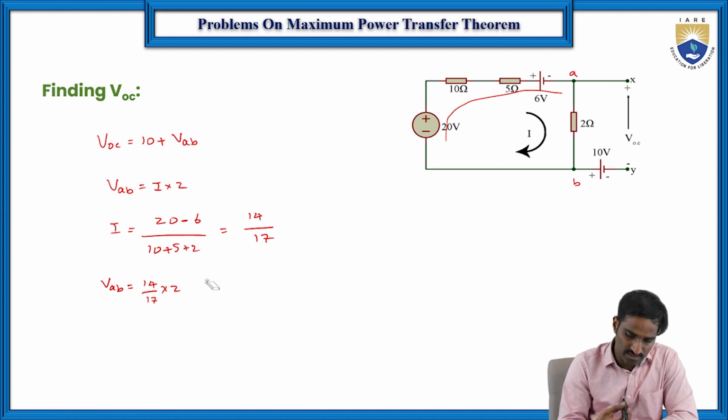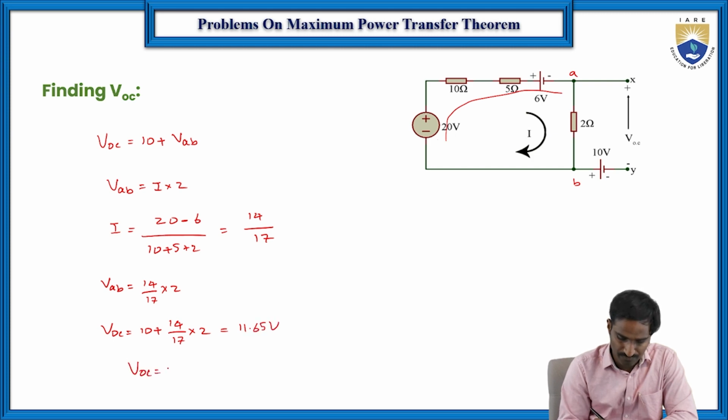Then VOC is equal to 10 plus I, where I is 14 by 17, so 10 plus 14 by 17 into 2. Finally it is 11.65 volts. So here VOC is equal to 11.65 volts.